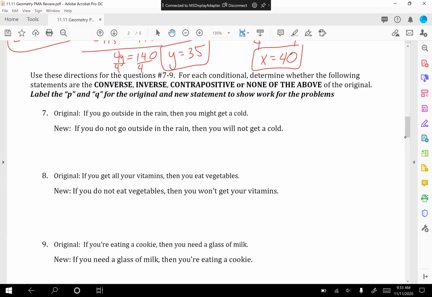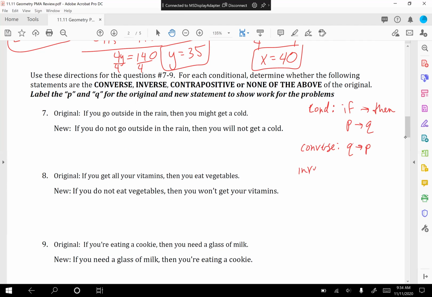Okay? So converse, remember your original, your conditional is if then. P then Q, right? Your converse, remember you just switch it. It's if Q then P.